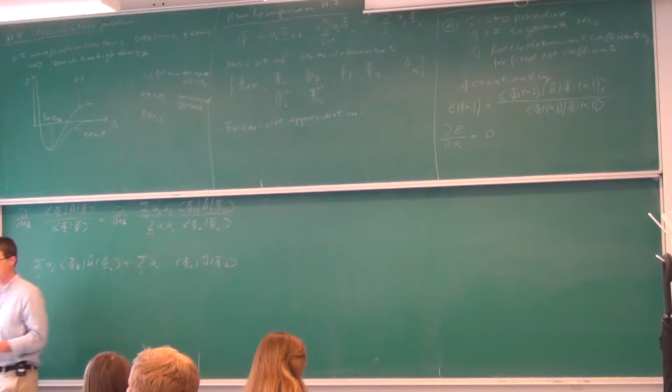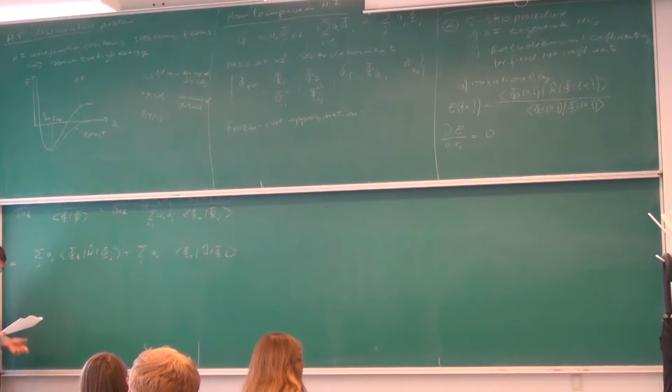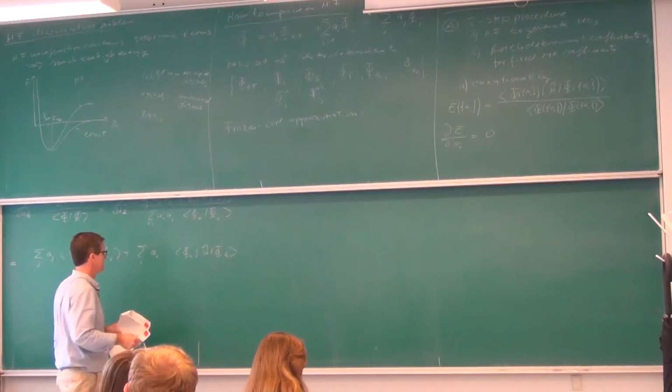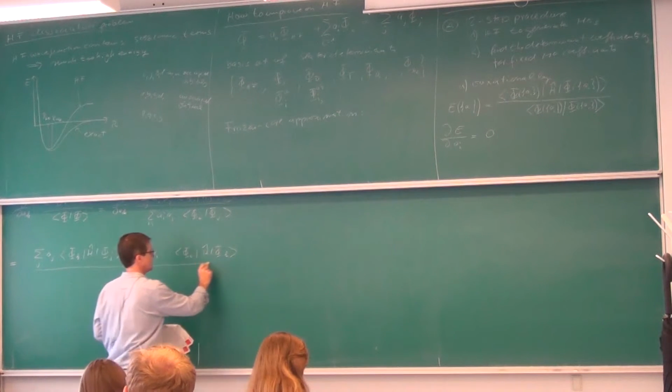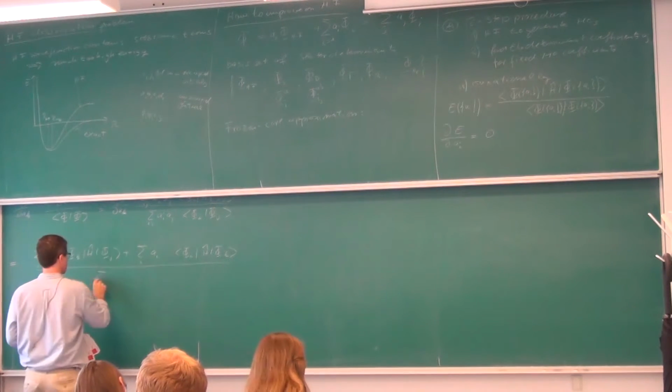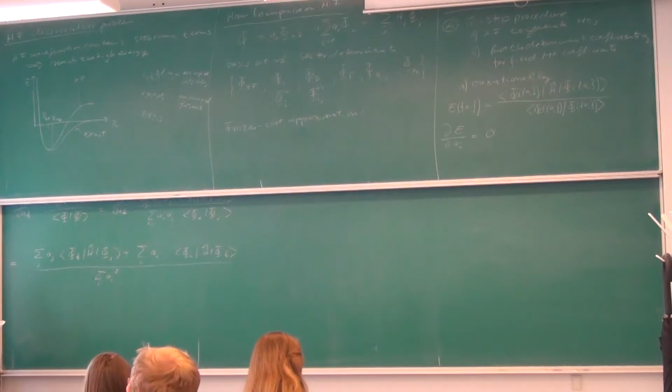Like this. Divided by the sum over a_i squared. That's still there.